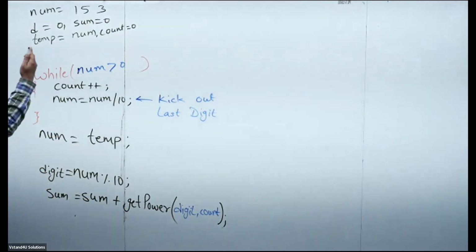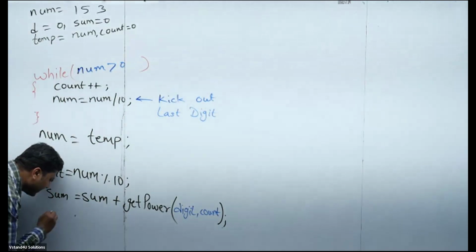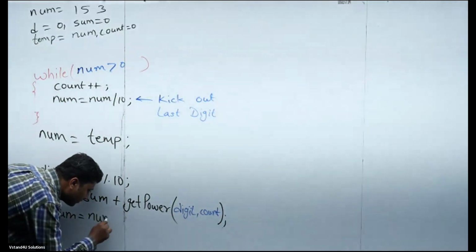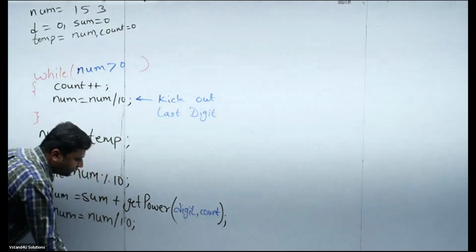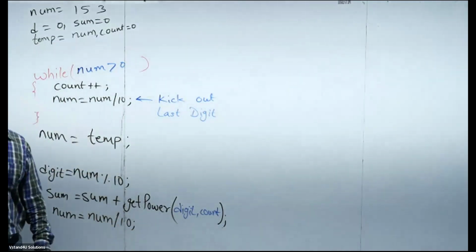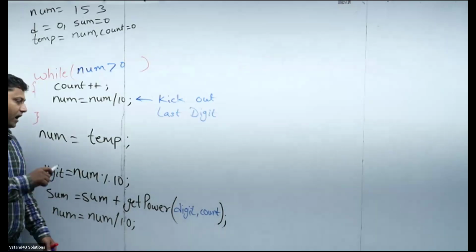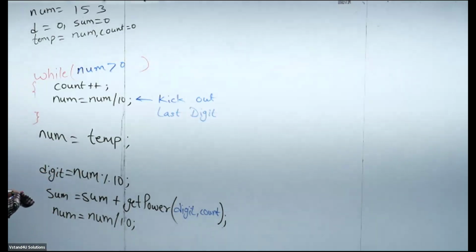Now, do I need that digit anymore? So what will I say? Number equals number divided by 10. Am I clear? Everybody understood this much? How long should I do these activities?